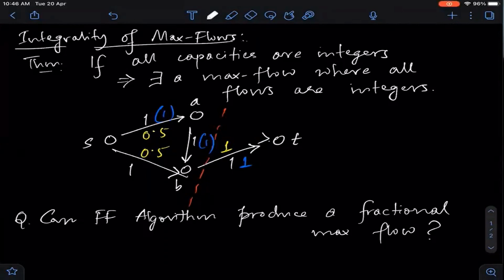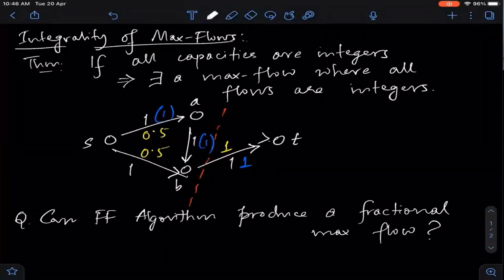And if not, then why? Here is the crucial point. Let us remember how the Ford-Fulkerson algorithm works. It begins with a flow of 0 on every edge. So 0 is an integer and all my capacities are integers.